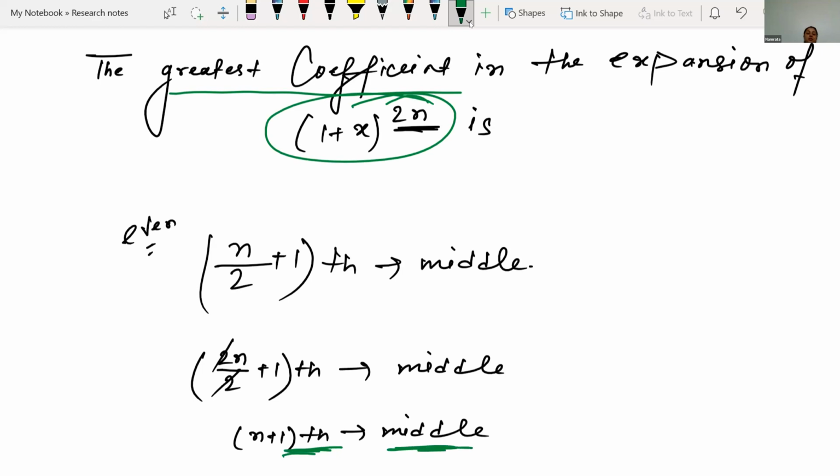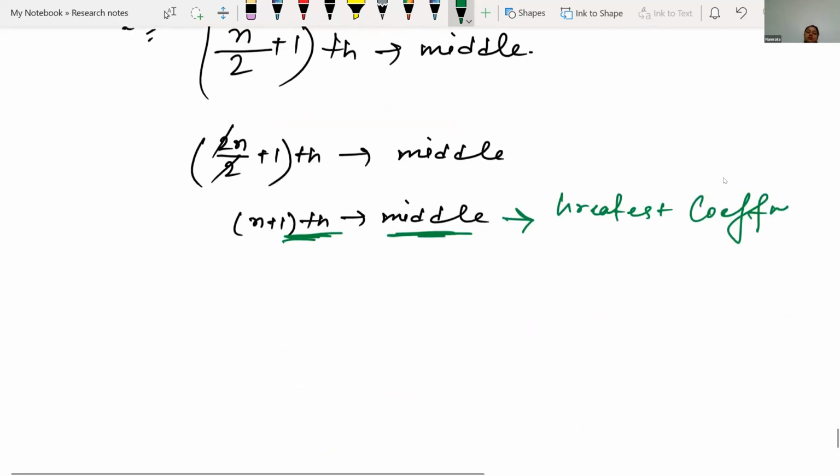That will be the middle term, and that will give the greatest coefficient, right? Are you understanding the concept? Yes, ma'am. So we can say the n plus 1th term will give the greatest coefficient.